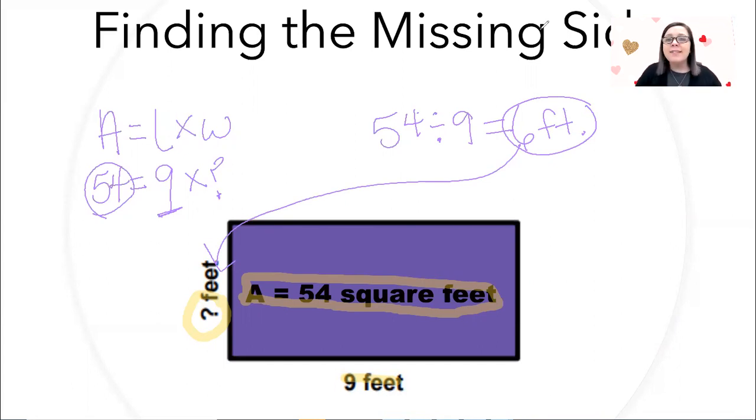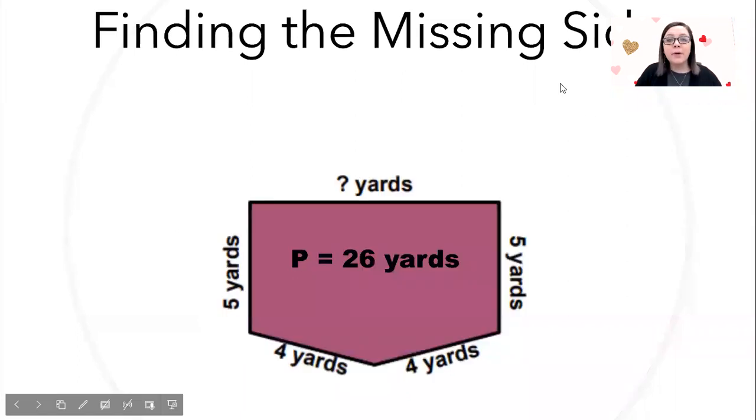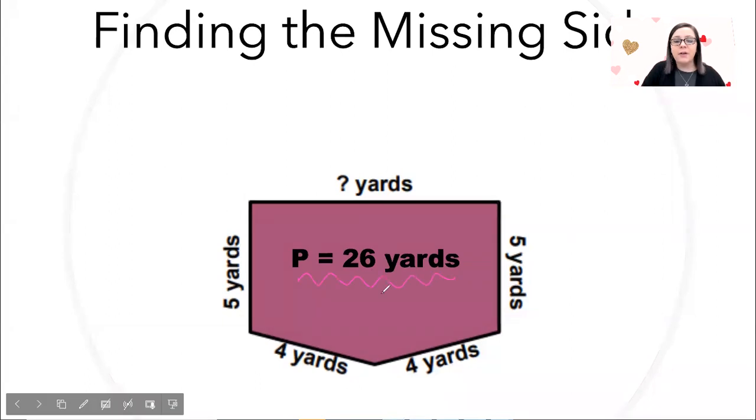All right, let's try that same thing, but in perimeter. So again, sometimes we will find ourselves where we know the perimeter, but we do not know one of the sides. So we know that 26 is our perimeter here, but we need to figure out what this side is here.